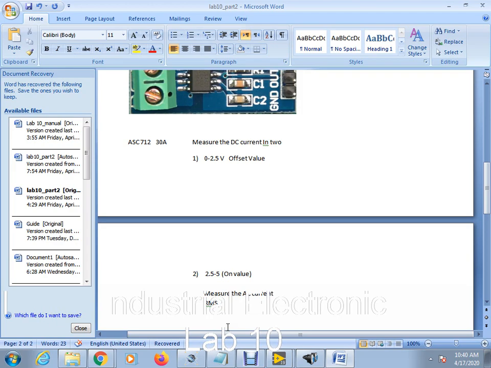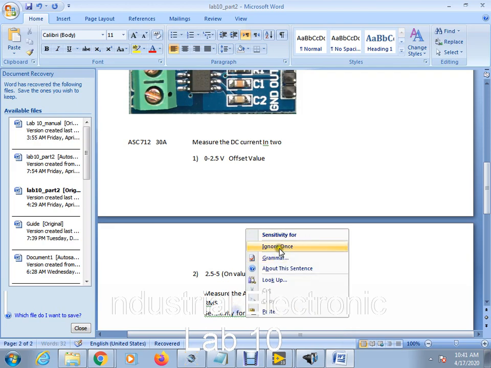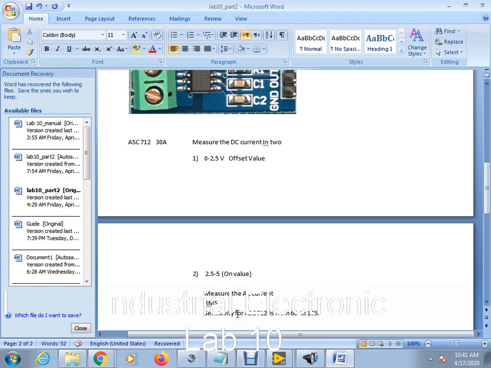The sensitivity for ACS712 is from 66 to 185. Sensitivity means the minimum value.